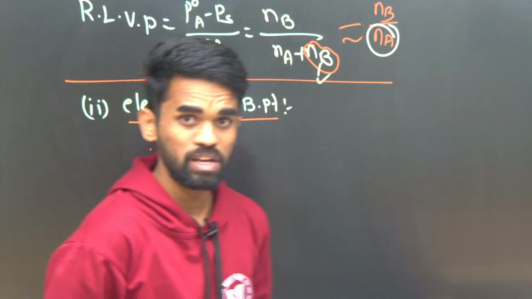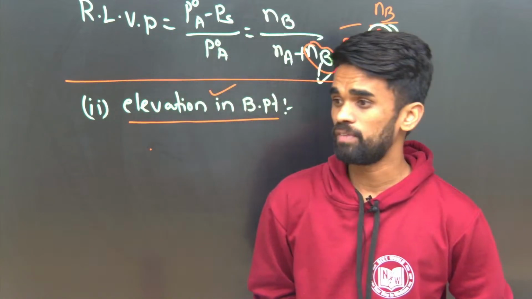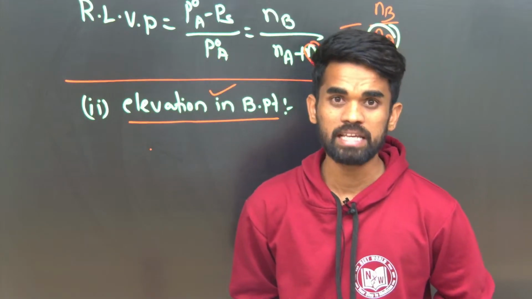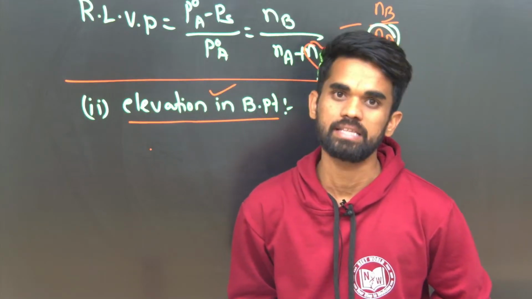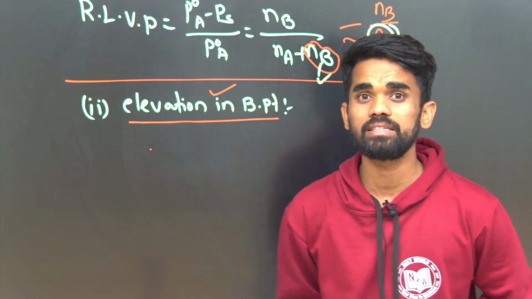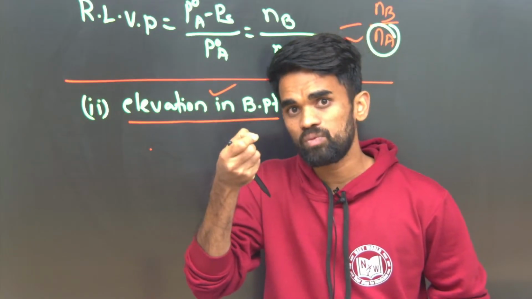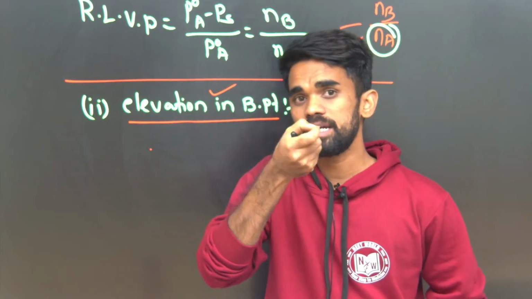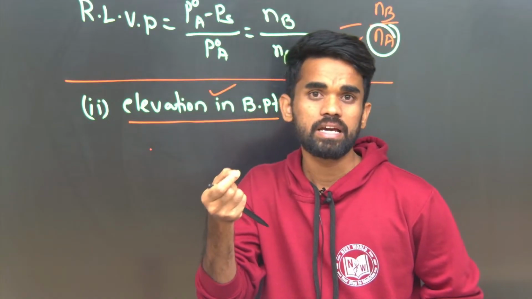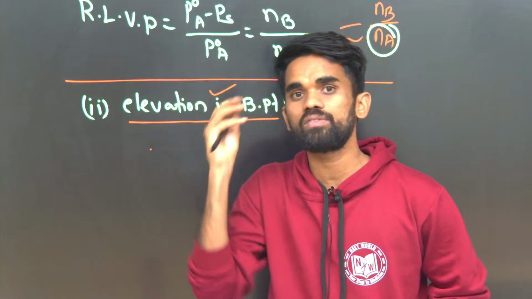So where do we see this elevation in boiling point in our daily life? While cooking rice or while boiling eggs, sometimes we add salt, right? Why are we adding salt there? Because whenever we add salt to the water, the boiling point of water is elevated. Instead of boiling at 100 degrees Celsius, it will now boil at somewhat 101, 102, depending upon the amount of salt you added.